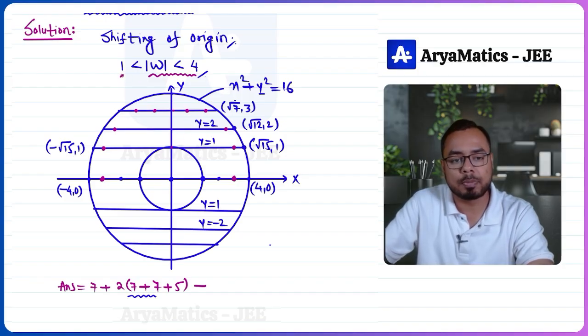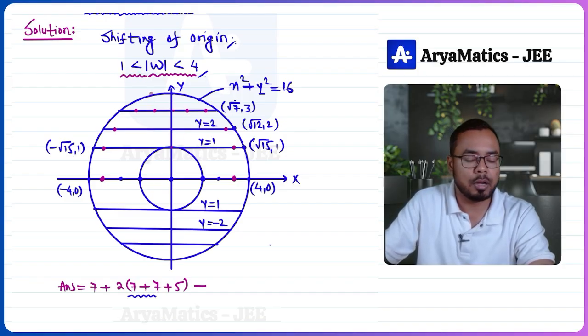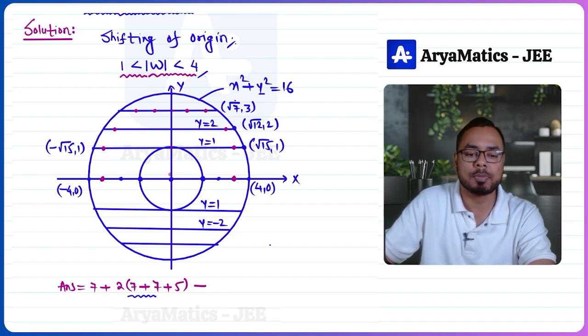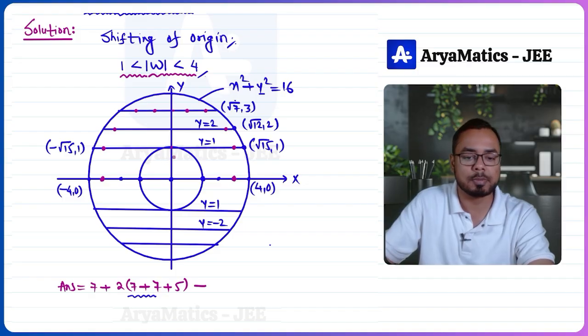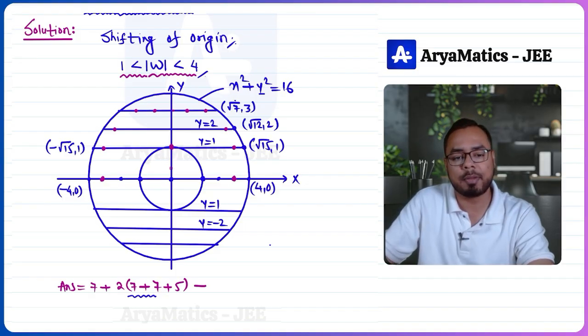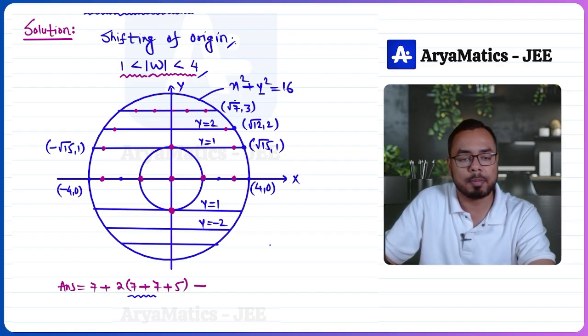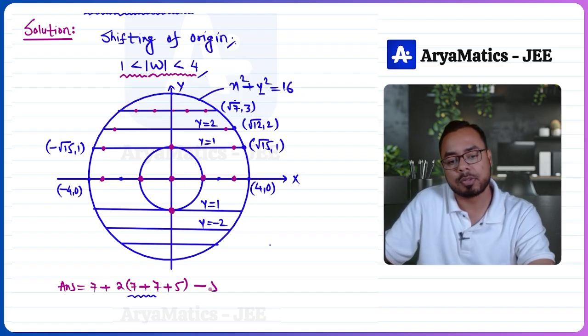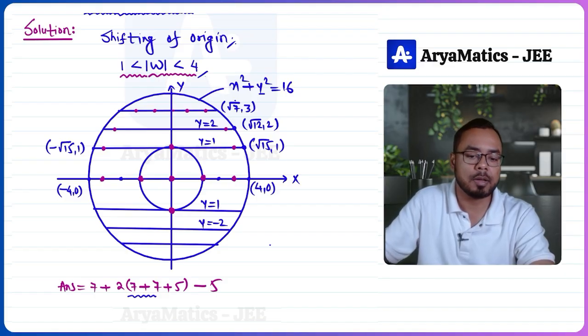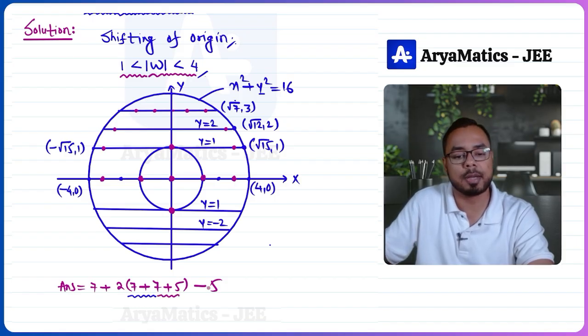Now we need to remove those points which do not satisfy the condition that the modulus is greater than 1. That means the points which are either inside the smaller circle or on the smaller circle. So clearly you can see that there will be 5 such points, right? One will be the origin, and the other 4 points are (1, 0), (0, 1), (-1, 0), (0, -1). So there are 5 points which are either inside or on the smaller circle, and in total we have these many points inside the bigger circle.